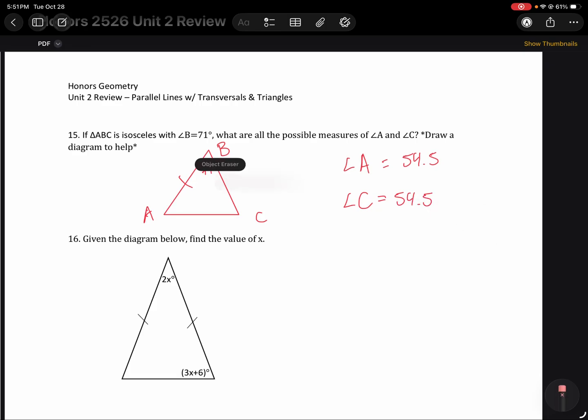But it could also look like this, which would mean that angle C is 71 degrees. Sorry, not angle A being 71 degrees. Angle A being, this would be 142.